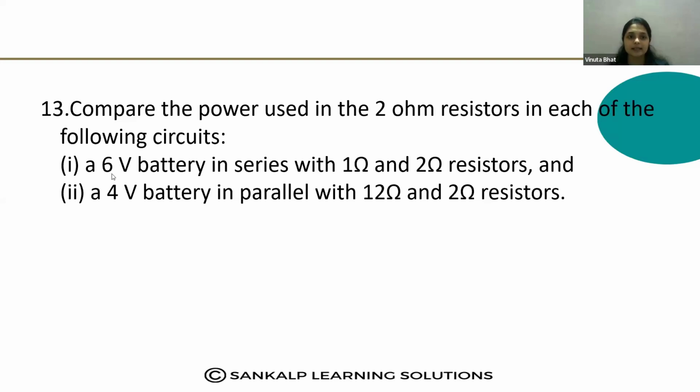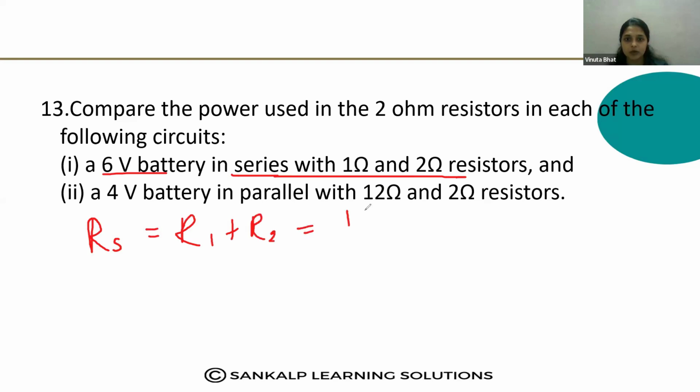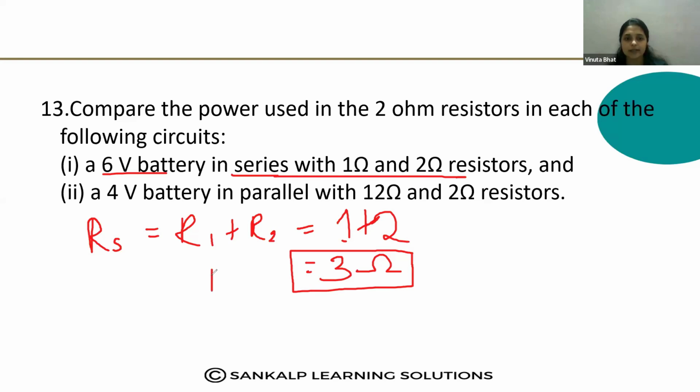When the 6-volt battery is connected in series, the total resistance Rs is equal to R1 plus R2, that is equal to 1 plus 2 ohm, total 3 ohm resistance.